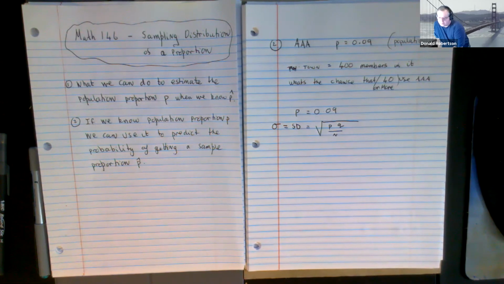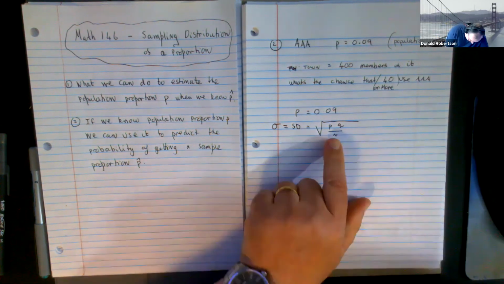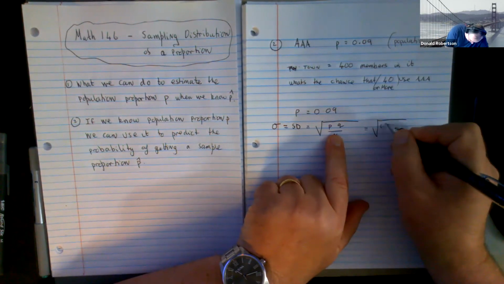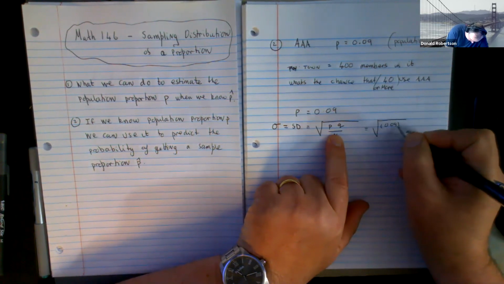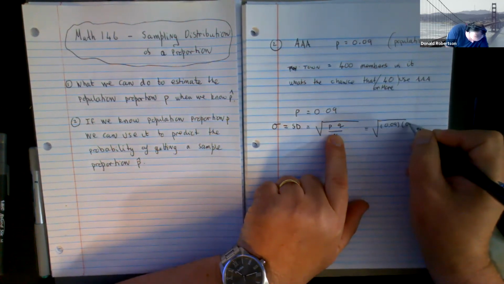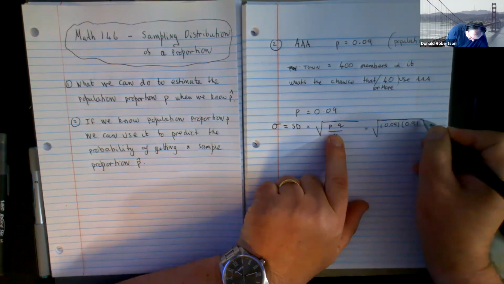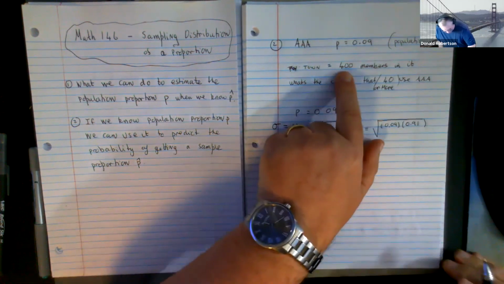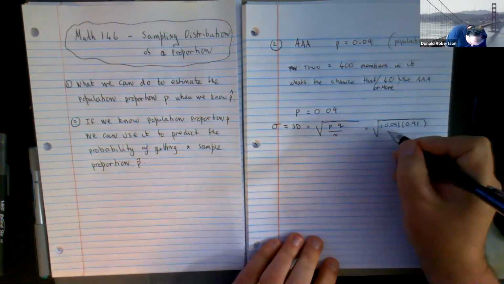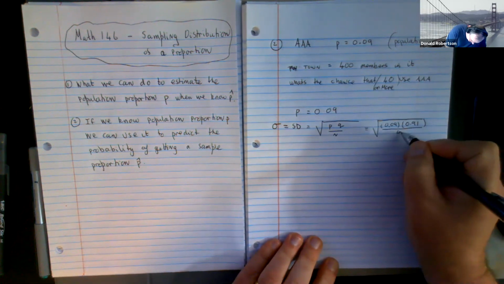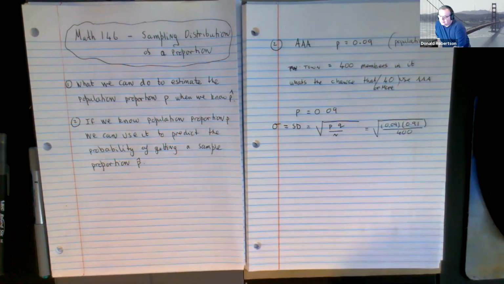Because it's a population. And I know who p is, 0.09. I know who q is, 0.91. And this town has 400 members, so that's essentially a sample of 400. So you can think of it as a sample.